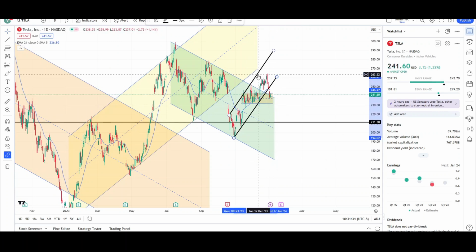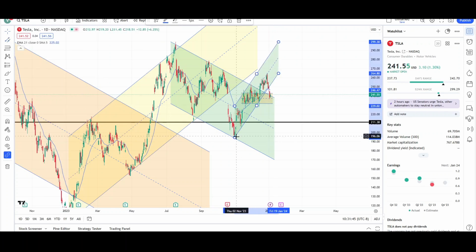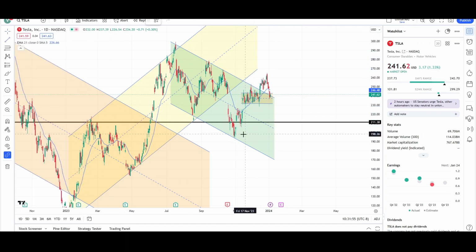I'll leave it as this right now. So before, when I drew it, it didn't look like a channel, but now when I draw it again, it's looking more like a channel. So if I connect the swings, drag this up, it would have to be very shallow. So the steeper one fits better, but the steeper one doesn't work on the top. But either way, we'll leave it as a trend line because price broke it pretty strongly.